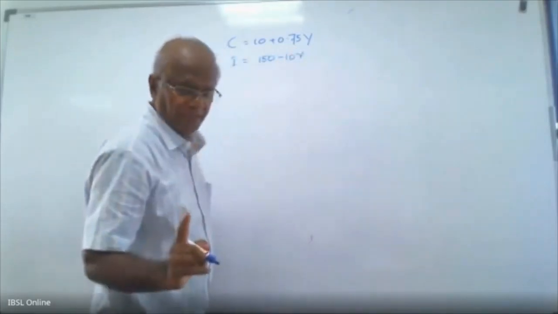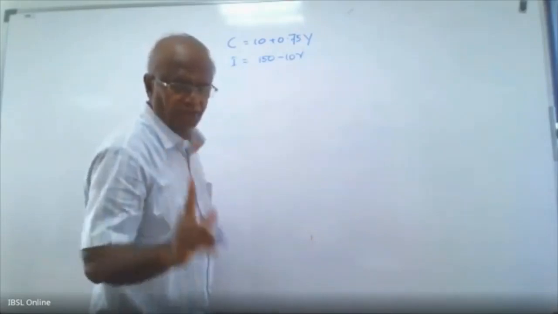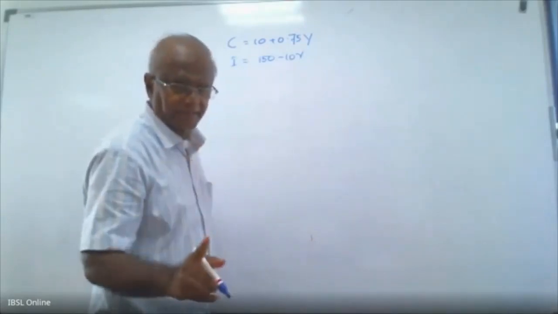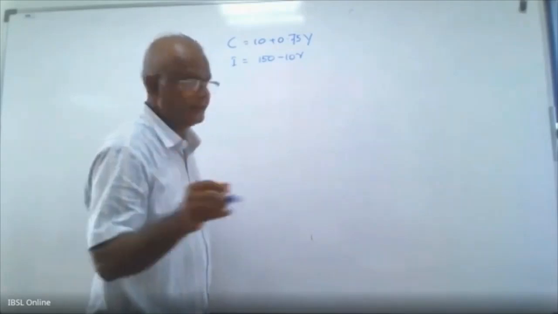What is the economy? A closed economy without government. National income identity: Y equals C plus I.